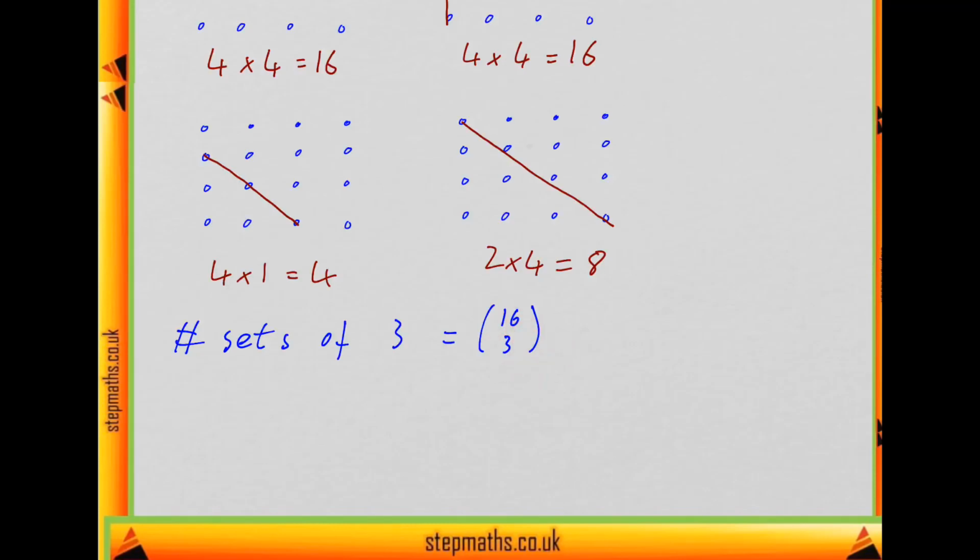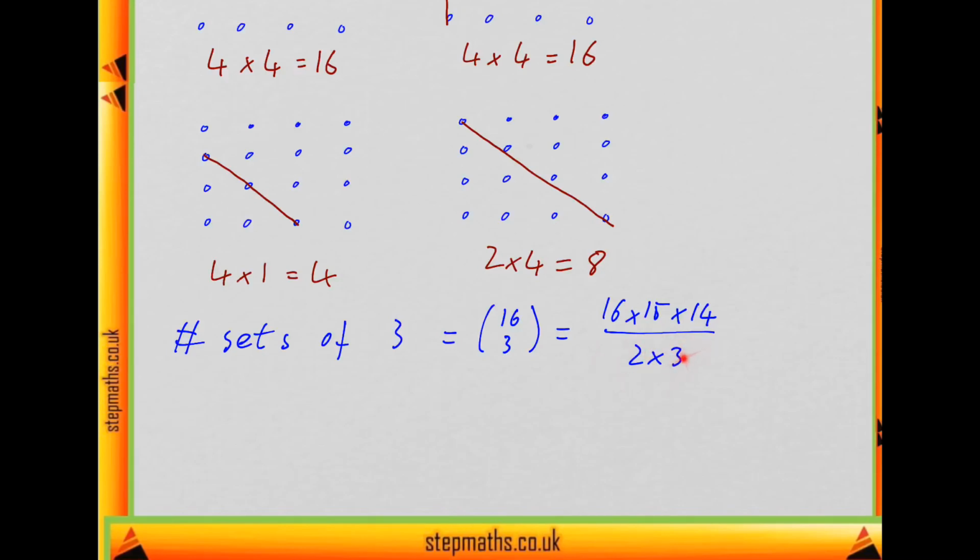But it's easier to remember that we just take 16 factorial, so 16 times all the numbers less than that, but we cut it off before 13 because the 13 factorial on the bottom will cancel with all those terms on the top. So it's just the first 3 terms, 16 times 15 times 14. And then we still have the 3 factorial on the bottom, so that's 2 times 3.